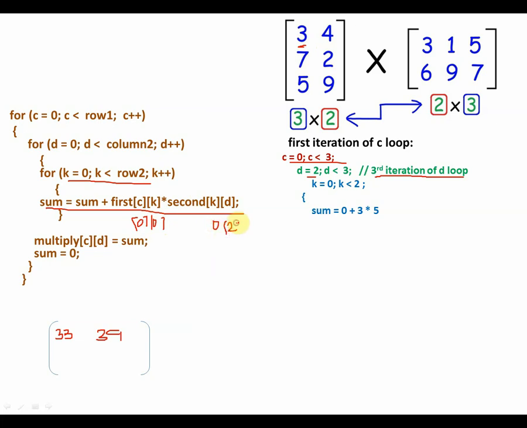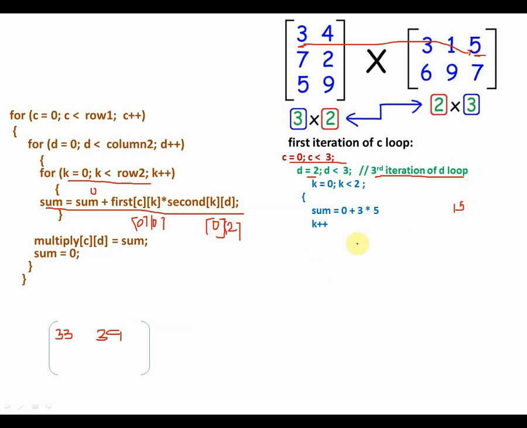So 0 2 position, which element is present in the second matrix? 0 2 actually means this. So 3 will be multiplied with 5. So 3 into 5, and sum was 0, obviously initialized in the last case. So 0 plus 3 into 5, which will be 15. So sum will have a value of 15.